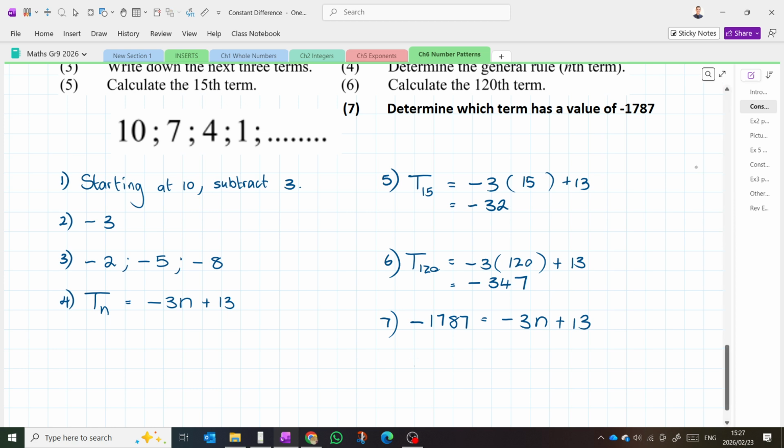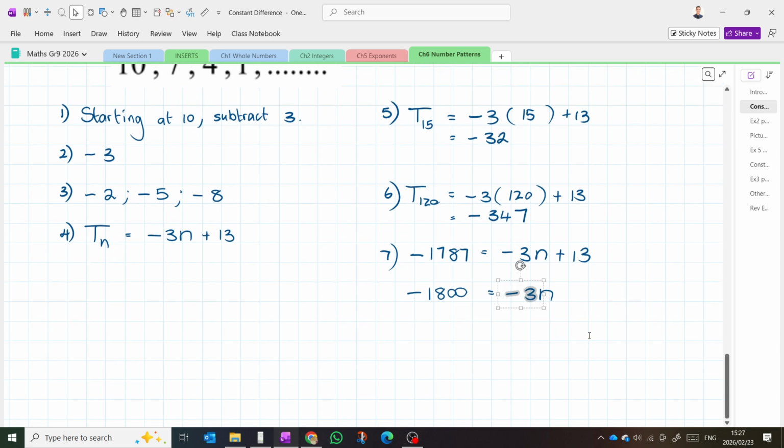So minus 1787 minus another 13 is going to give me minus 1800. And that is still going to be equal to negative 3n. And the negative 3 is still multiplying by n. We want an answer for a positive 1n, so we're going to divide by negative 3.